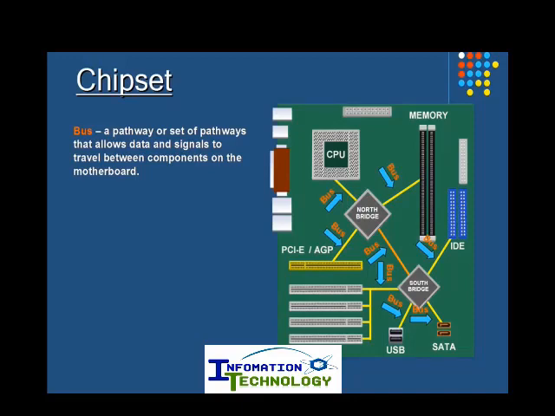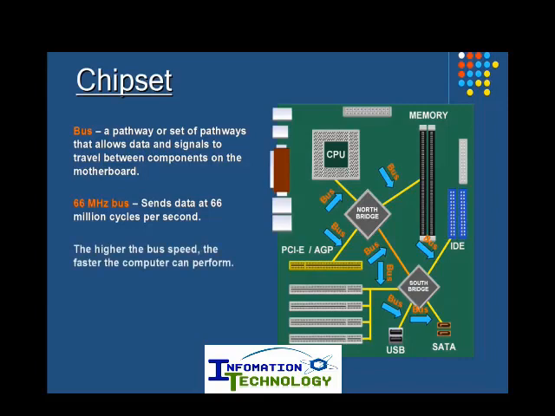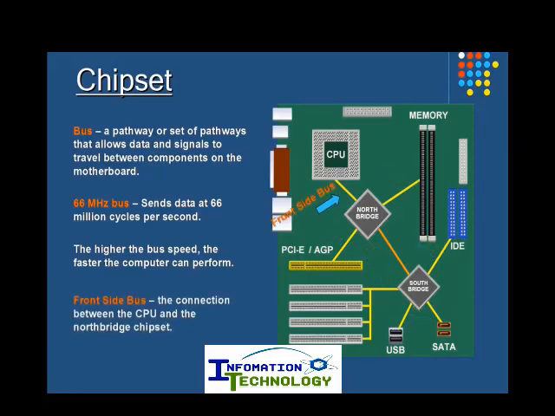So for example, if a bus speed is said to operate at 66 megahertz, then that means that particular bus can send data at 66 million cycles per second. The higher the bus speed, the faster the computer can send data, which improves the performance of the computer. A motherboard's bus speed generally refers to the speed of the front side bus. The front side bus is a connection between the CPU and the North Bridge chipset.